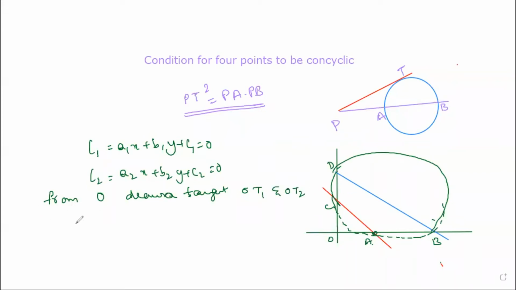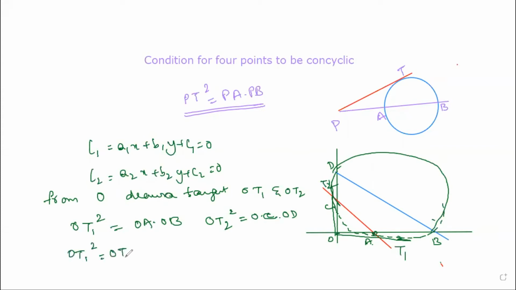According to the previous property, OT1 square will be equal to OA into OB, and OT2 square is equal to OC into OD. But the lengths of tangents drawn from a point to a circle are the same. So OT1 square equals OT2 square, which implies OA into OB is equal to OC into OD.